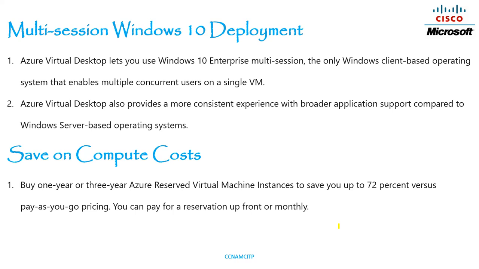If they tell you to take a subscription pay as you go, you will take according to your management only. But if you are taking a reservation, then it will save more cost. Like you can see here, 72% versus pay as you go pricing. So again it depends on the situation.